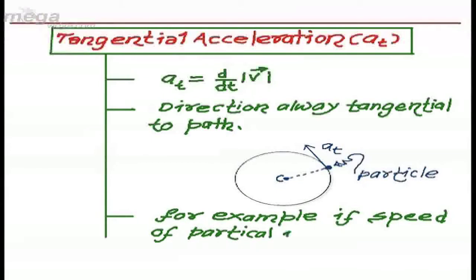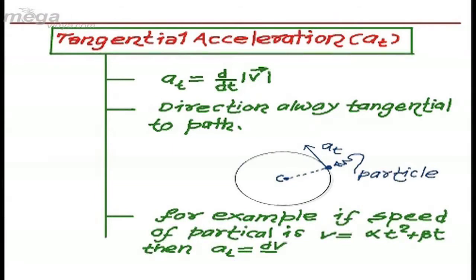For example, if the speed of the particle is alpha t square plus beta t, then A_T is equal to dv by dt, which becomes twice alpha t plus beta.